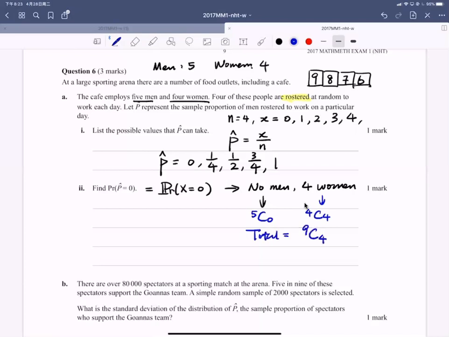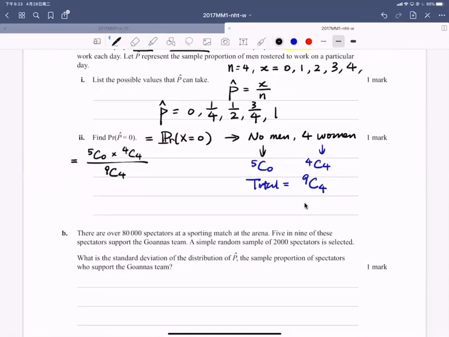Using some knowledge from year 11, I will be confidently calculating this probability. So it's 5C0 times 4C4 divided by 9C4, isn't it?